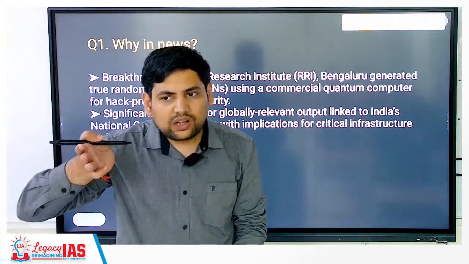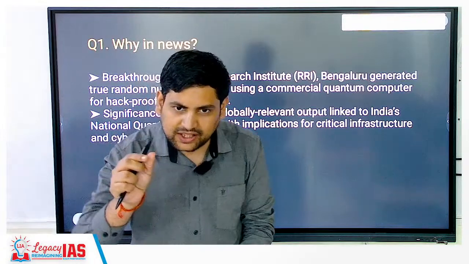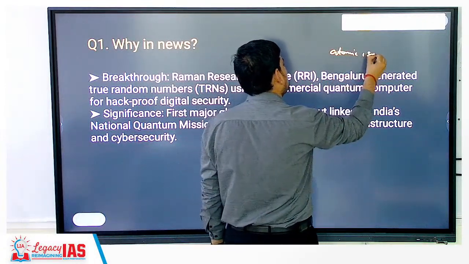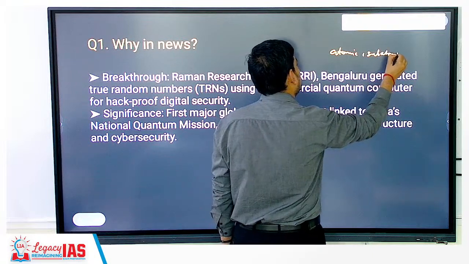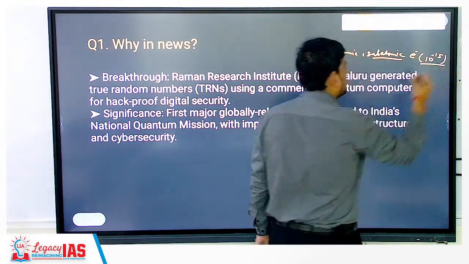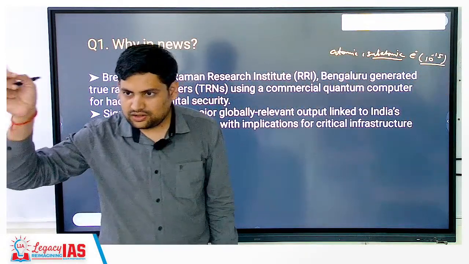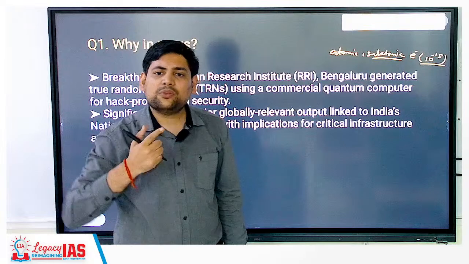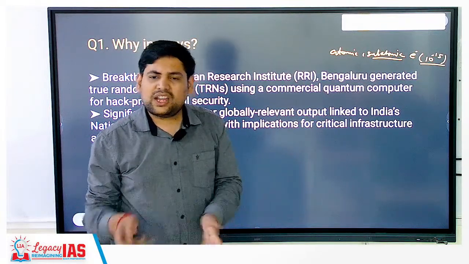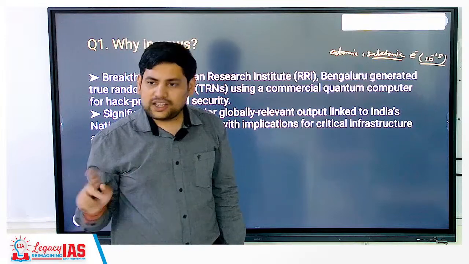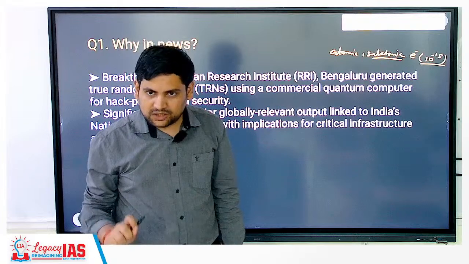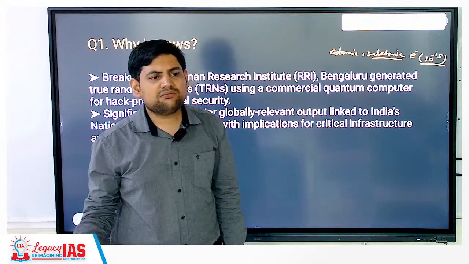Now if you go to the atomic or subatomic level, for example electrons, which are around 10 to the power minus 15 in size, then we observe that classical mechanics, the normal physics that we understood, stops working, and another kind of physics becomes the main physics, that is called quantum mechanics.